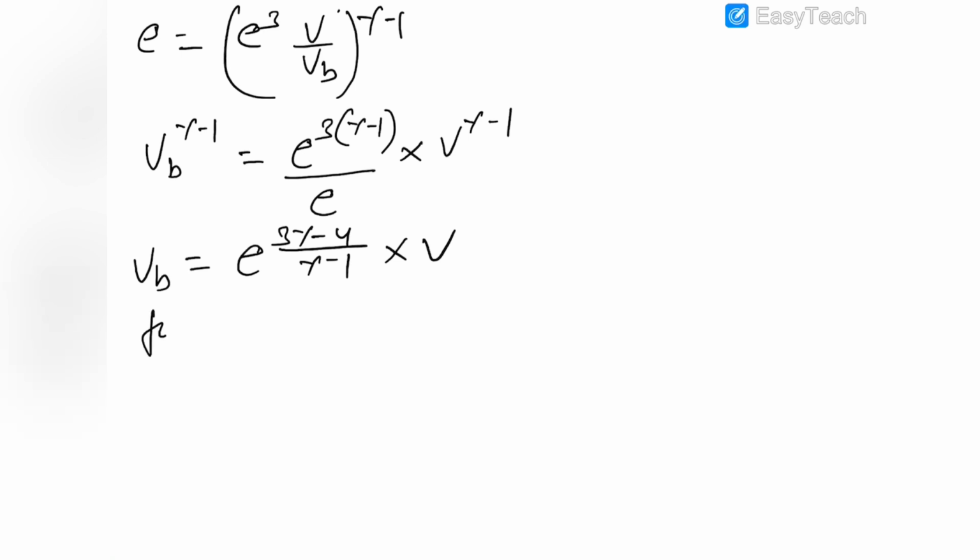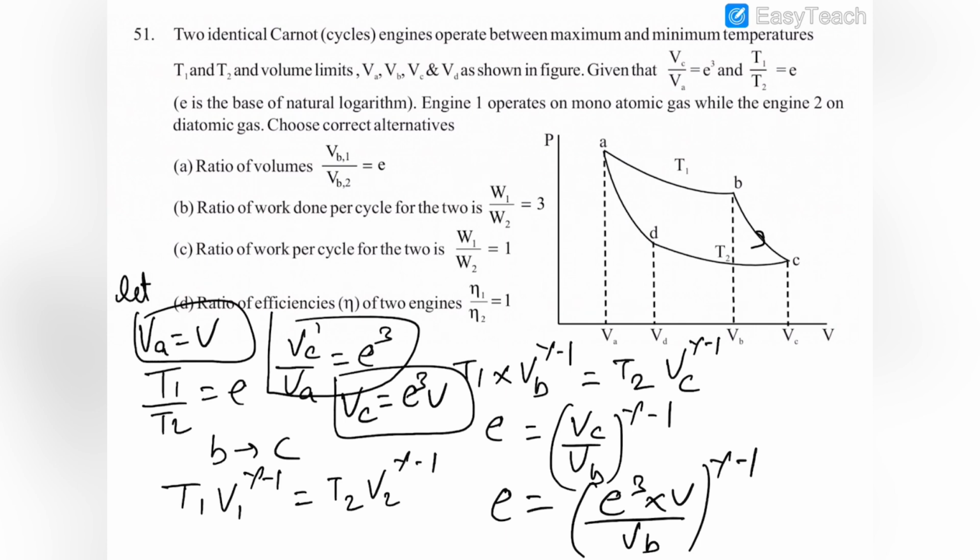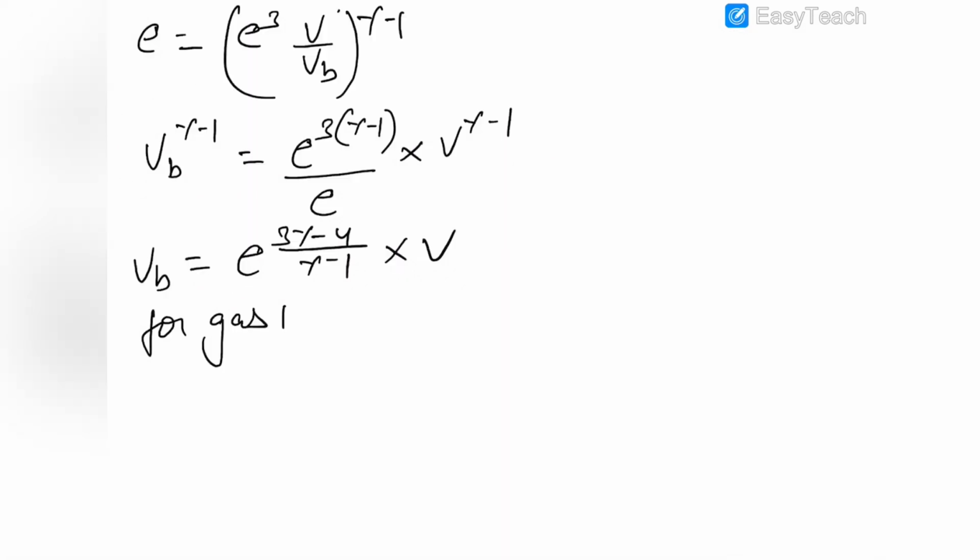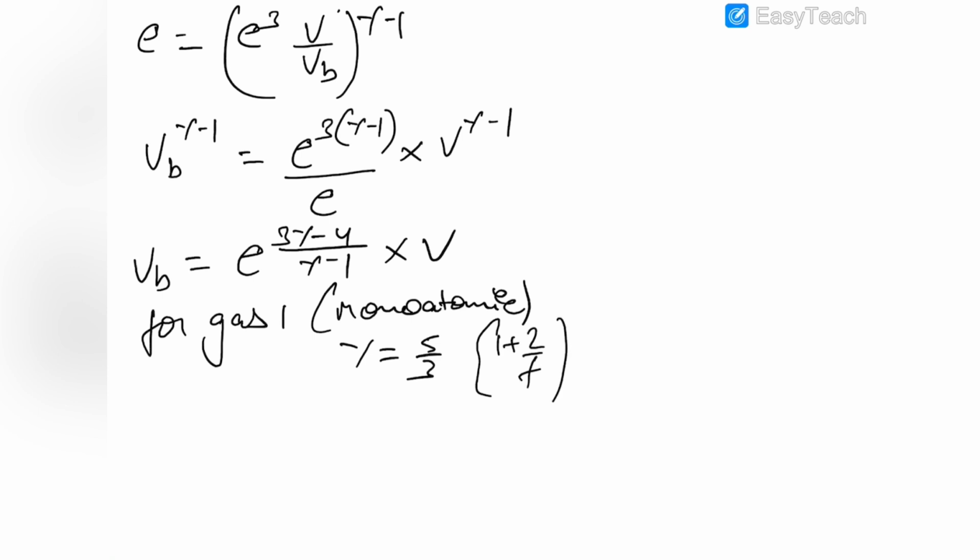So for gas 1, which is a monoatomic gas, gamma is equal to 5 by 3. You can easily find the gamma by the formula 1 plus 2 by f, where f is the degree of freedom. So f is 3 for a monoatomic gas.